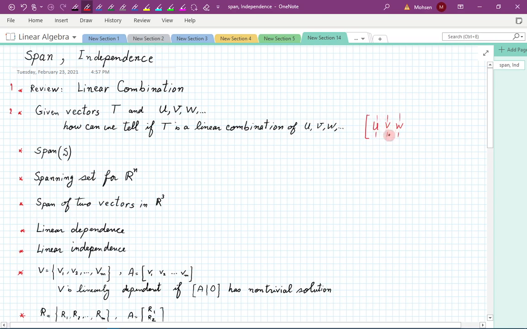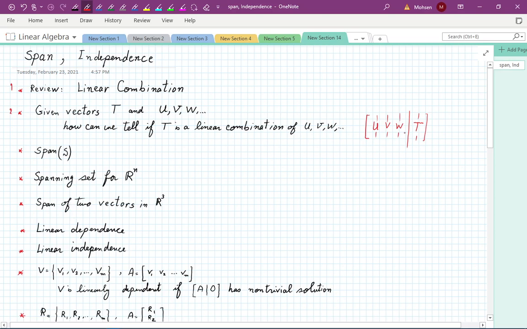I draw them like this to indicate that we are listing them as columns as opposed to rows. And then the target vector that you want is going to be your right hand side vector, another column. So this is an augmented matrix with your coefficients here and the right hand side here. You solve this with the Gauss-Jordan style, and your solution is in front of you at that stage.